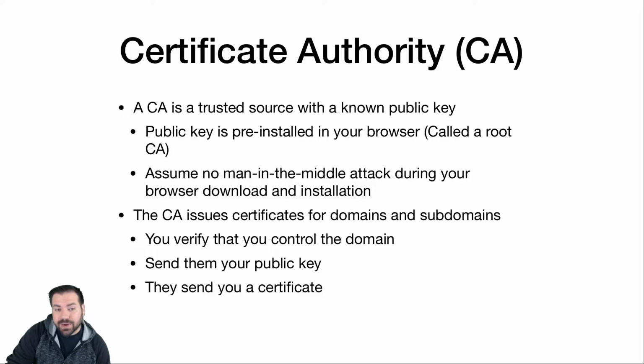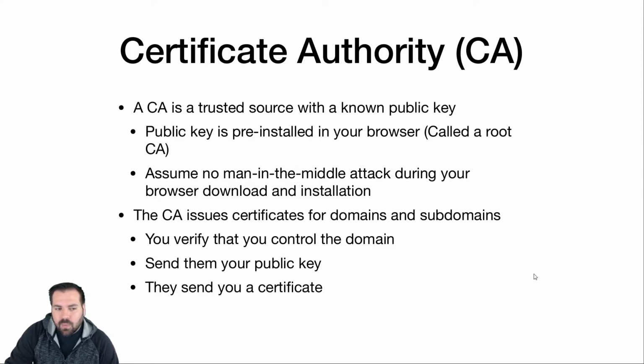We assume those are correct, that those have not been subject to a man-in-the-middle attack, that those are the actual valid certificates for those root certificate authorities. It's where everything starts. All encryption on the internet starts with that assumption. If that's false, which every once in a while it is and it makes news, that's bad. But we're going to assume that those are all solid.